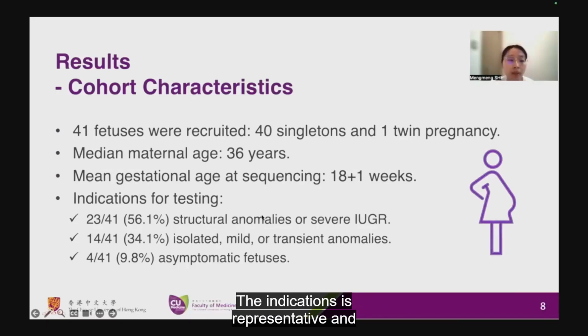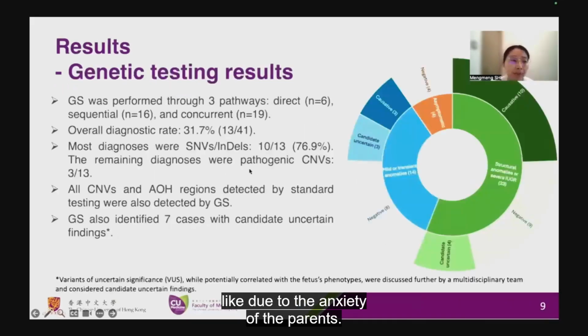The indications are representative, with more than half of them having structural anomalies and severe IUGR, and 1/3 of them affected by isolated or mild or transient anomalies, including increased NT or mild ventriculomegaly, and a small proportion for asymptomatic fetuses, like due to the anxiety of the parents.